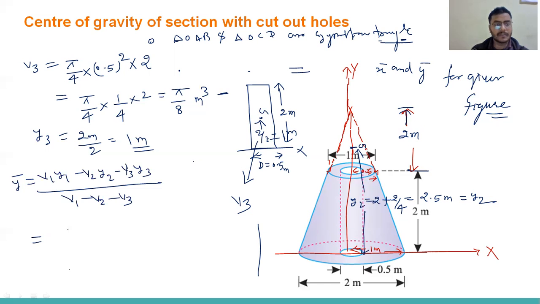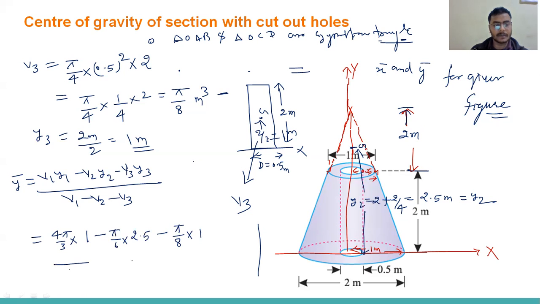Just put the values. V1 we got 4 pi by 3. What is y1? y1 is 1 meter. Minus v2, we got pi by 6, into y2, that is 2.5, minus v3, that we have pi by 8, into y3, 1 meter.